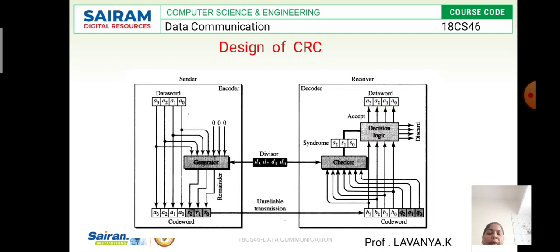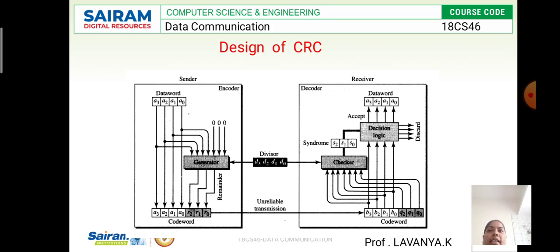This is the design part of the CRC. In the design, the sender has the data word, A0 to A3, and the code word will be A0 to A3 along with R0 to R2. R0, R1, R2 are the redundant bits, added as extra bits to the code word.